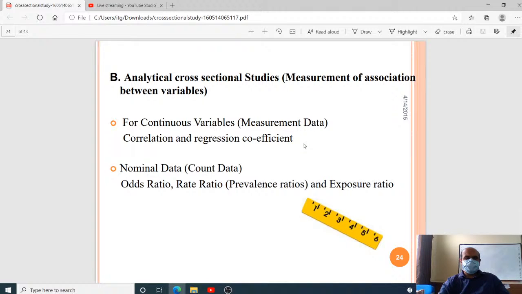Now, analytical cross-sectional studies. For continuous variables, correlation and regression coefficient can be used. If there is nominal data, then odds ratio, rate ratio, and exposure ratios can be calculated.